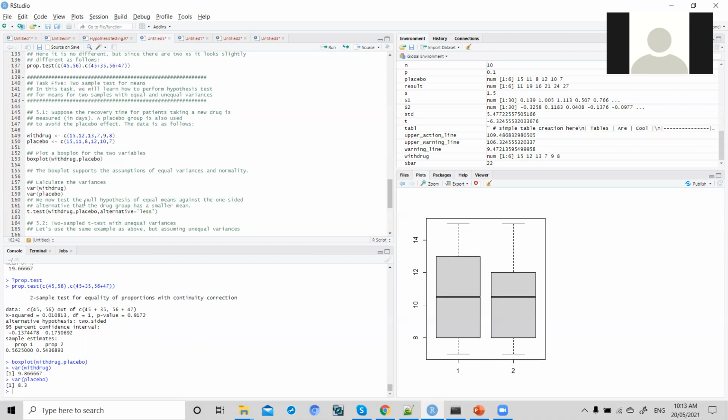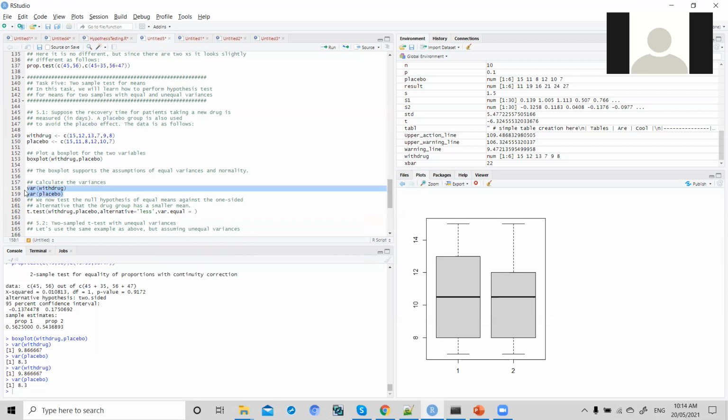Here we are checking the null hypothesis of equal means against the one-sided test. One-sided means your drug group has a smaller mean than the placebo. We are checking that. And var dot equal, because the variance is not equal here, so we will set var dot equal to false.